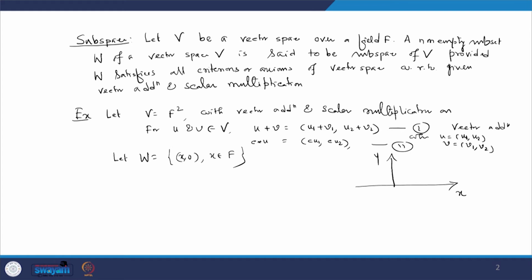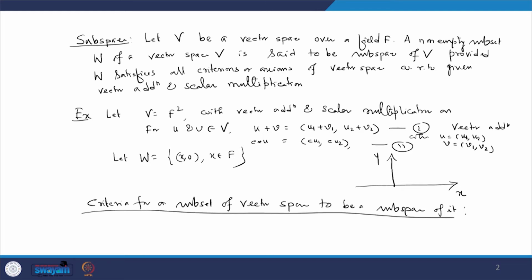So, let me quickly give that formula first, so that if I take a different example after that, it will be easy to understand whether a given subset of a vector space is a subspace or not. So, what is the criterion for this?